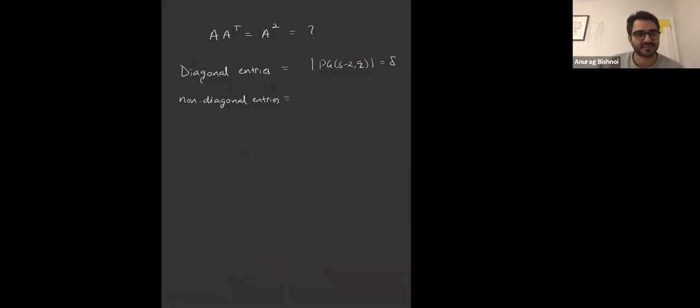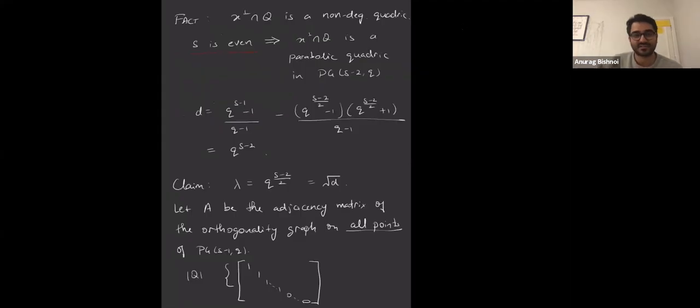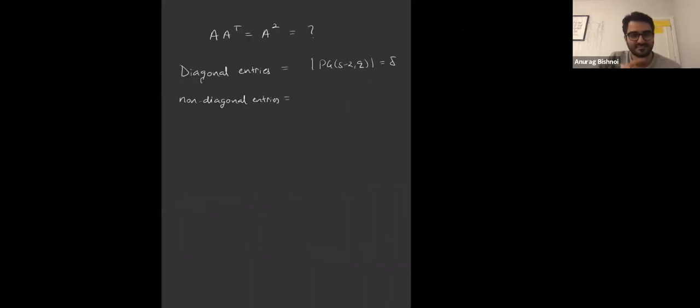What about the non-diagonal entries? Yeah, sure, common neighbors, indeed. So what's that number? How many common neighbors do two vertices have in this bigger graph, in this A? What is that number? Is it a constant? That's the main question. Anyone in the chat?